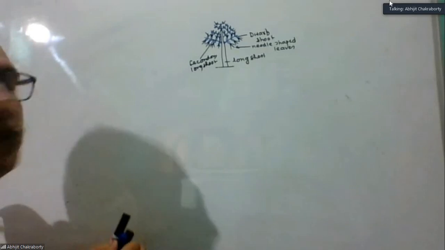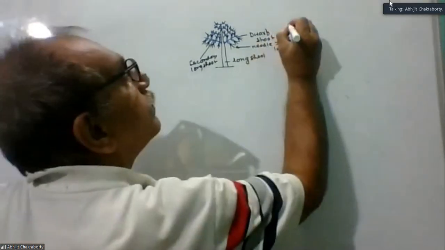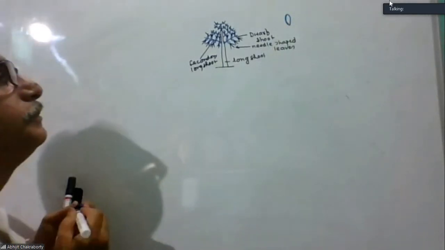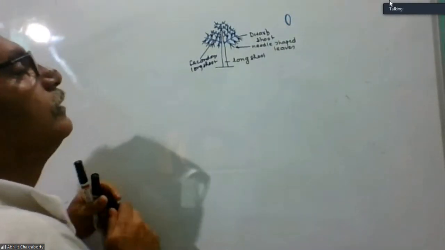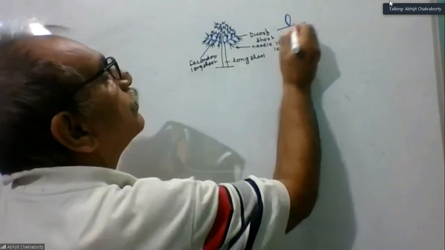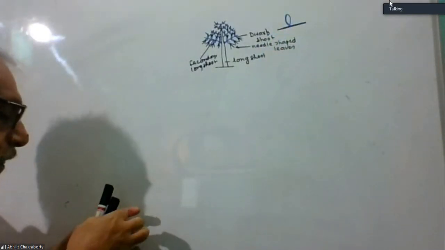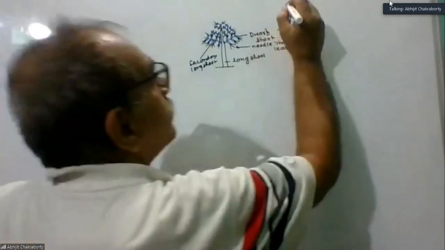Suppose, I am going to show you in detail, it appears like this. Suppose this is the dwarf shoot. Suppose this is the secondary long shoot. And here you will get the leaves.